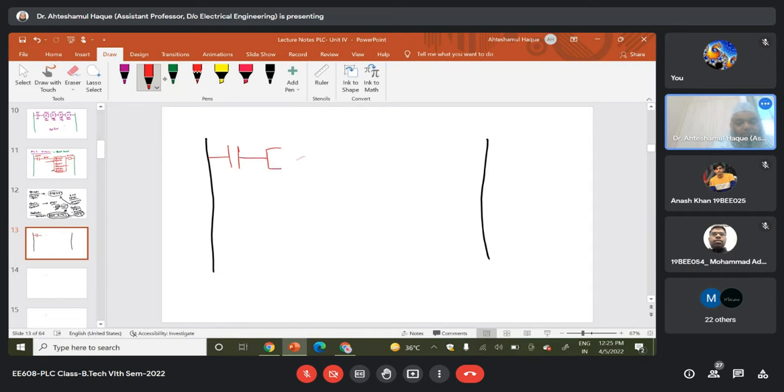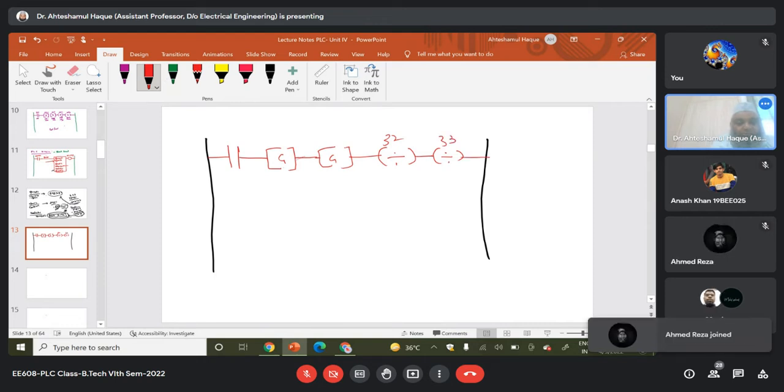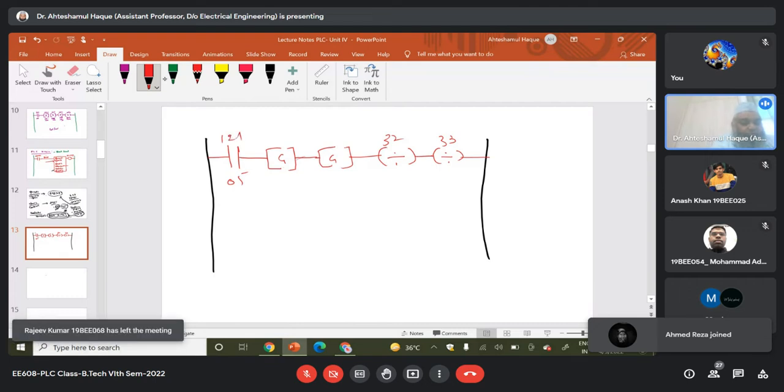Then I have a coil. And again I have a coil. Then again I have division now, 32. Then again division, 33. So 05 is address 121. So here I have 891 and 26.